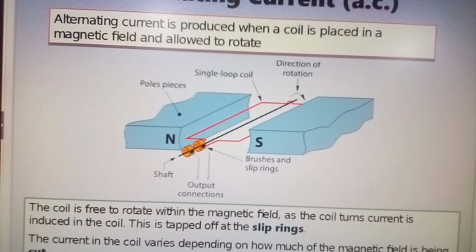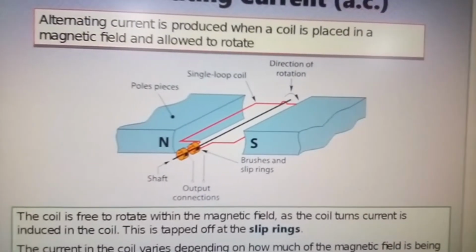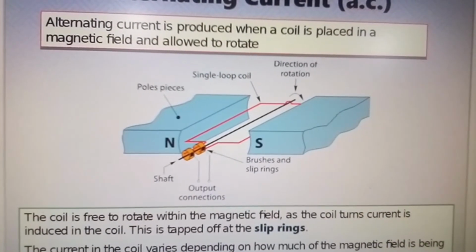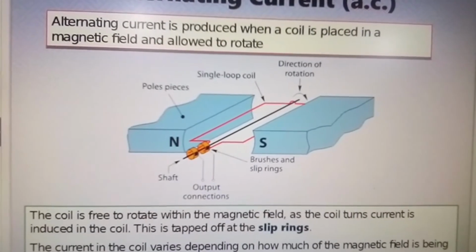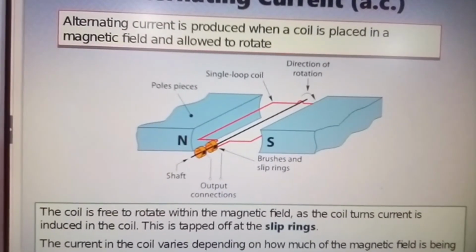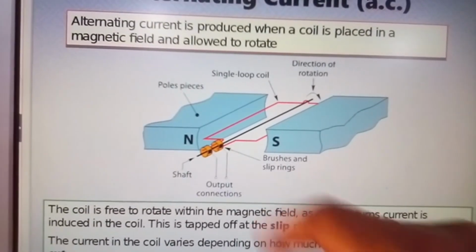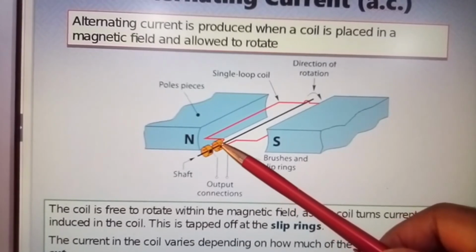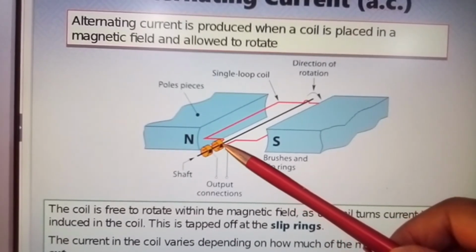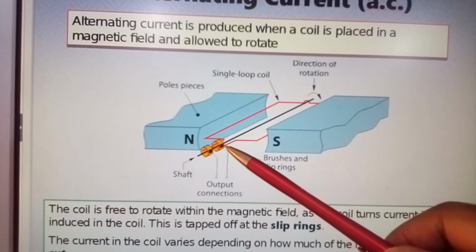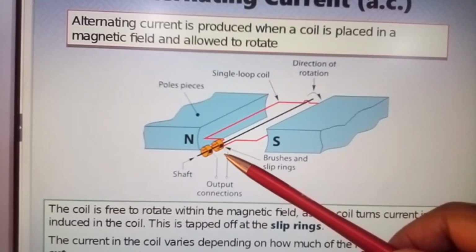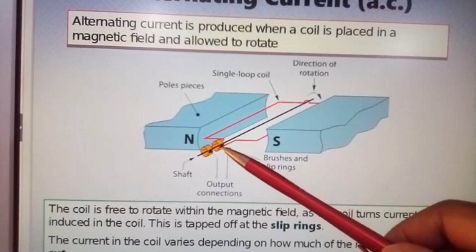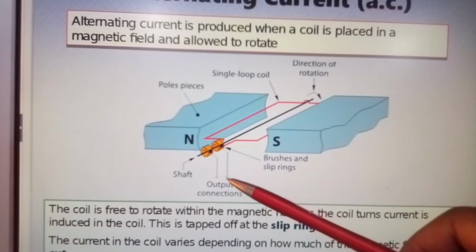And this is how a single coil is illustrated here. Just a single coil, one piece of wire, whether it could be 6 inches long, 12 inches long, or 80 inches long. One loop of wire, one end goes in, one corner, one coil. These are your brushes. These are your output connections.